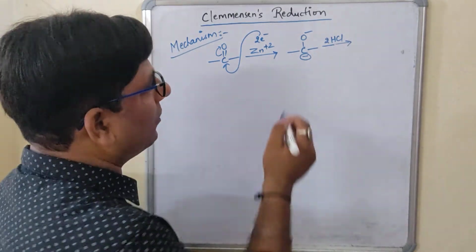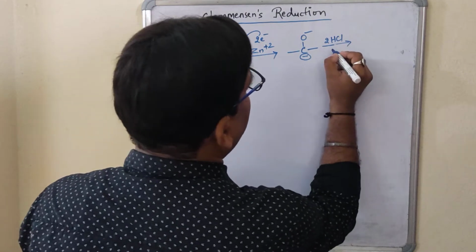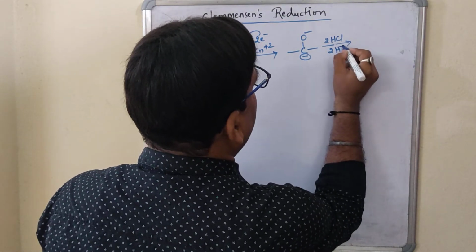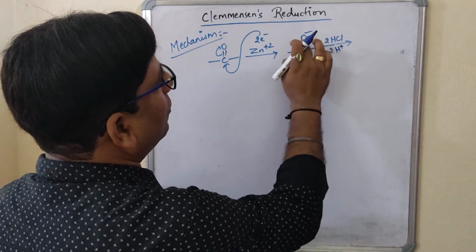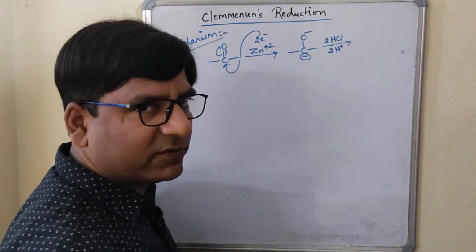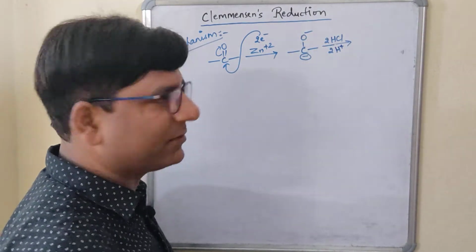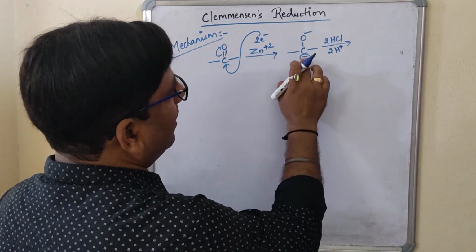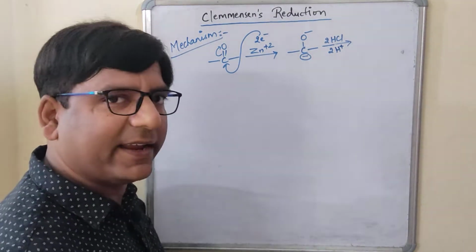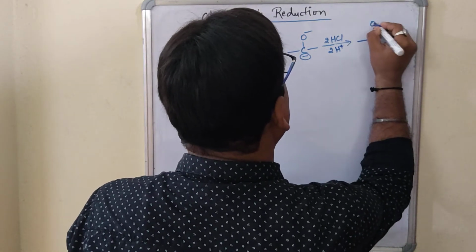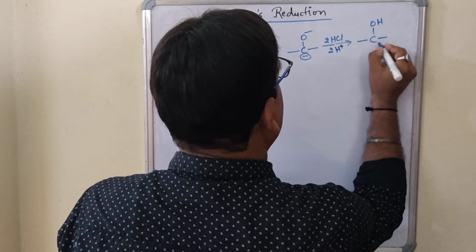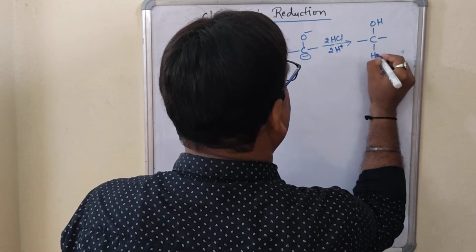Now those 2 H plus, you can write here for easy understanding, 2 H plus. So 1 H plus will go and join with this O minus. You know plus always goes for the minus, right? And 1 H plus will come and join with this carbon bearing a negative charge. So we can write like this, COH, and here it is H.